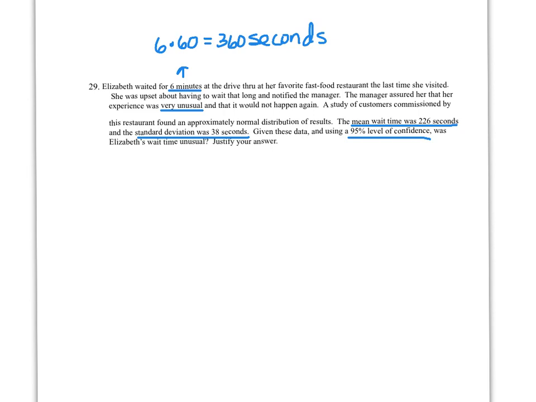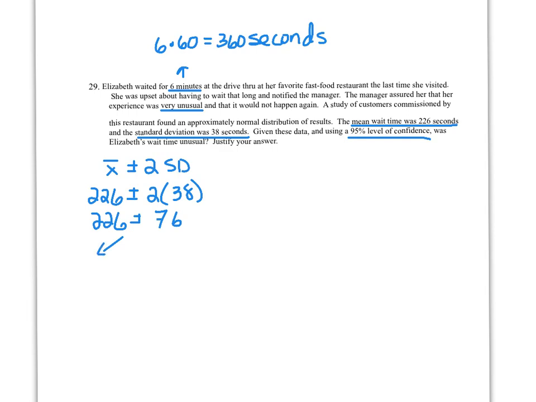Well, I know that 95% level of confidence is the mean plus or minus 2 standard deviations. They gave us the mean, 226, and the standard deviation, which was 38. So I'm going to do 226 plus or minus 2 times 38, which is 76, right?